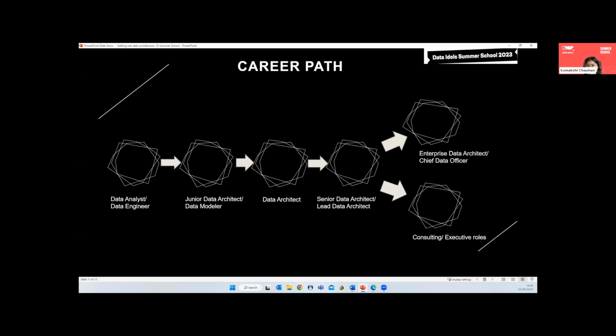Once that's done, people transition to the data architect role, which is a combination of everything we learned previously, from being a data analyst to a data modeler. On top of this, a data architect engages a lot with business stakeholders, converting the business requirements into data requirements, so basically converting business documents to data documents.